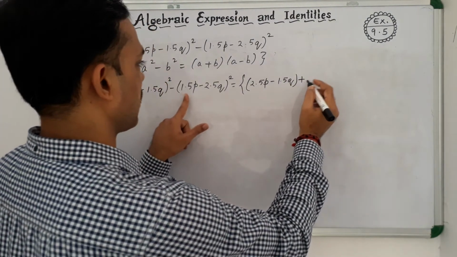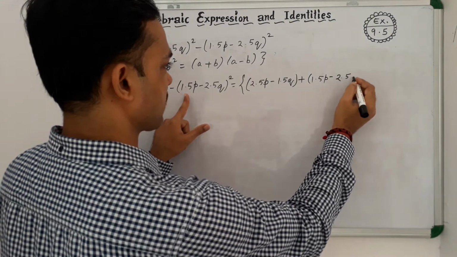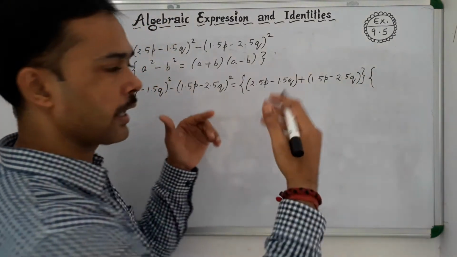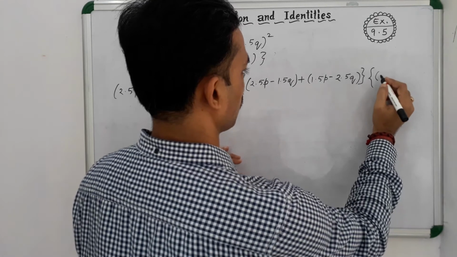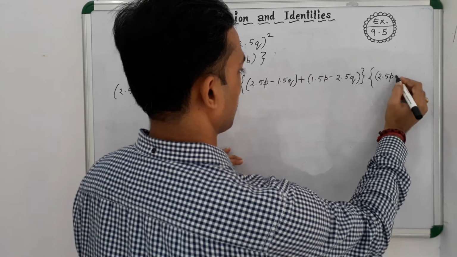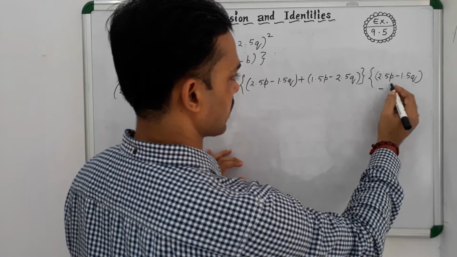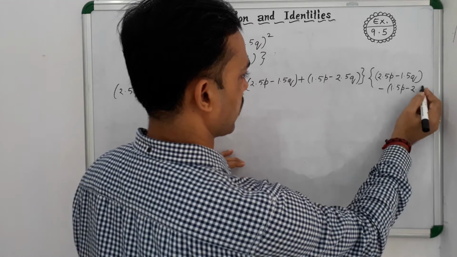B is 1.5p minus 2.5q, into, it is a minus b now. In a it is 2.5p minus 1.5q minus 1.5p minus 2.5q.